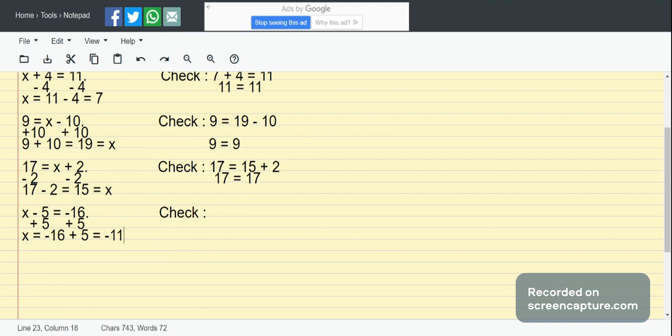To check if negative 11 is the correct answer, you substitute negative 11 into x. Negative 11 minus 5 equals negative 16. So that means negative 11 is the correct answer for this problem.